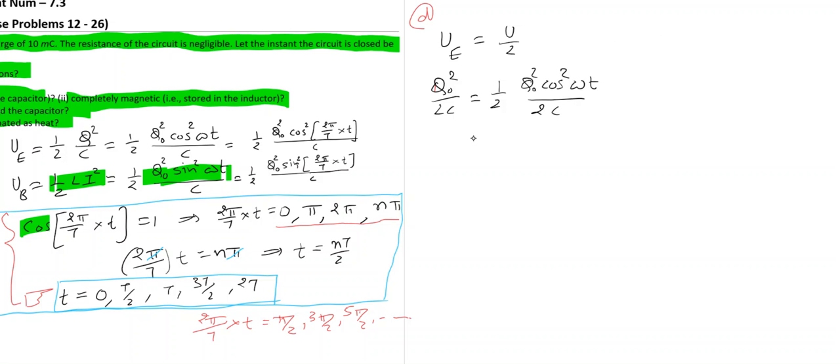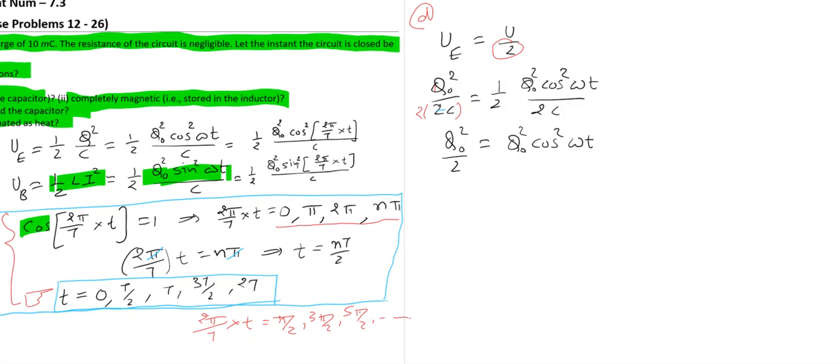So from this we realize that, sorry, I made a mistake here, it should be q0 square by 2. Why? Because we want U by 2, so I'll have one more 2 here.